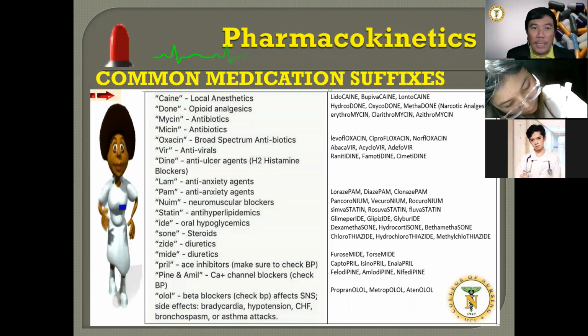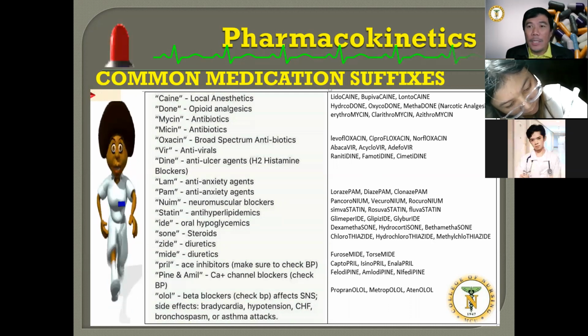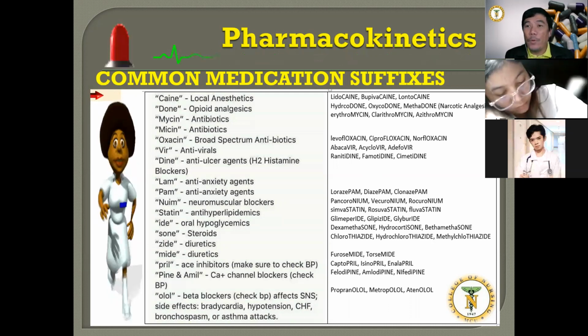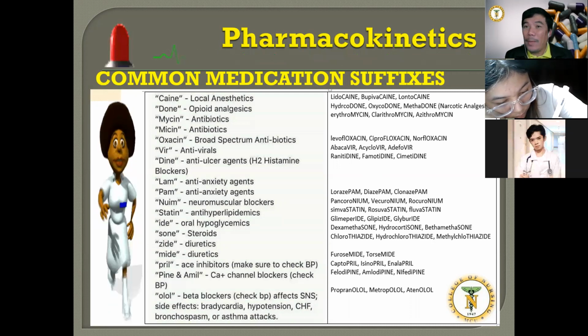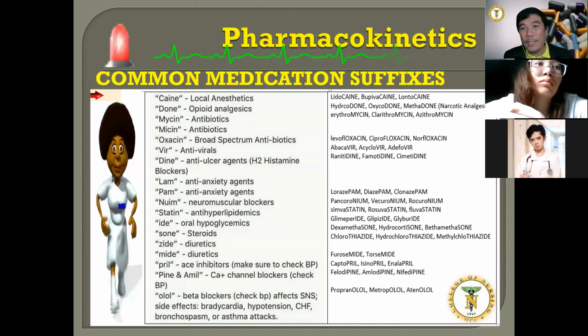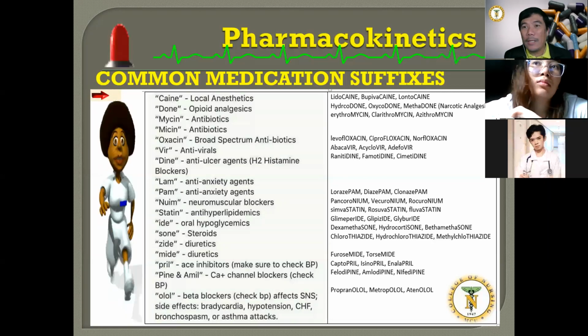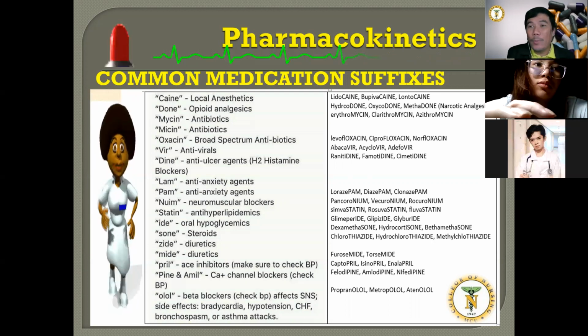Most of the local anesthetics are administered intramuscularly. And if it is intramuscular, class, if you can still remember, how many ml is the maximum volume that we could administer via intramuscular? 3 ml po. Okay, so that's a maximum of 3 ml.